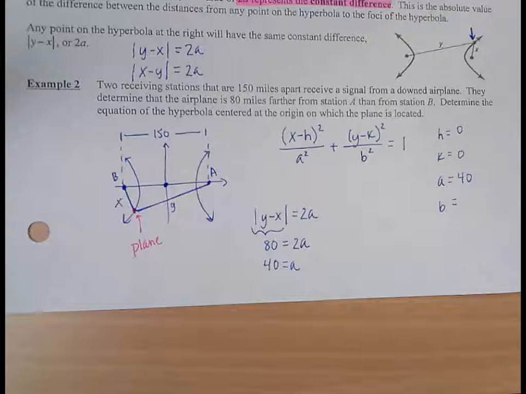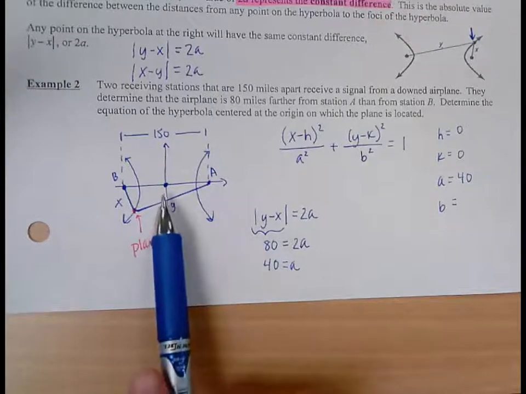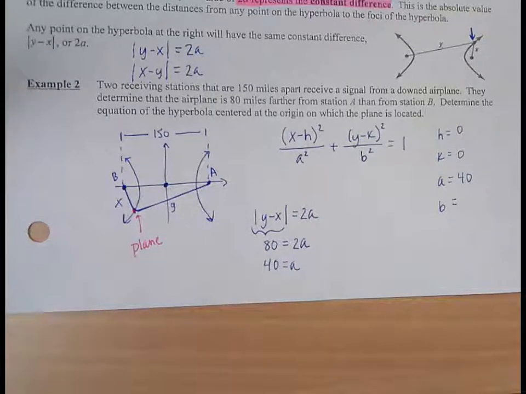What does c represent on the graph? Remember, a, b, and c all represent distances. What is c the distance of? The center to the foci. So the center to a focus is c.